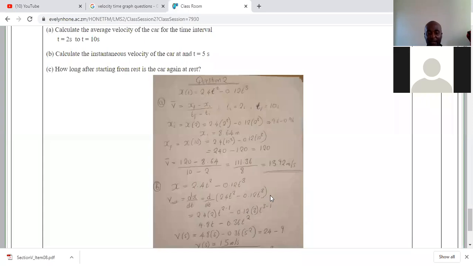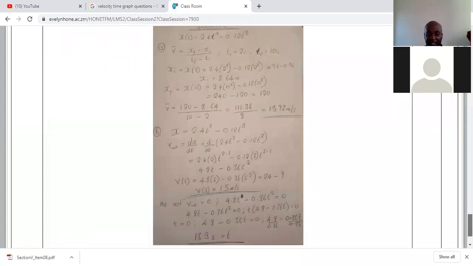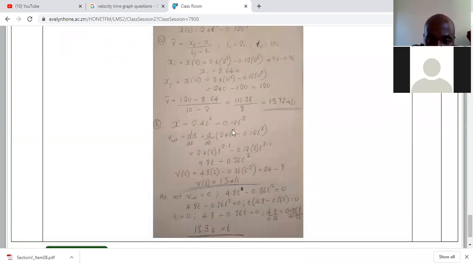Remember what we did when we were differentiating: the 2 always goes in front. So it will be 2.4 times 2 t to the power 2 minus 1 minus 0.12 times 3 t to the power 3 minus 1.